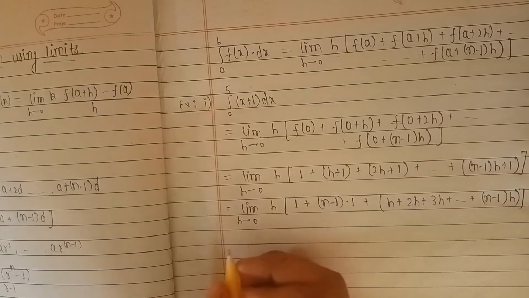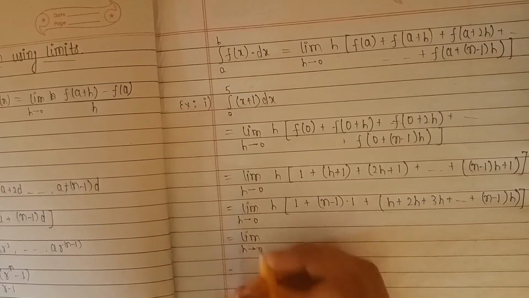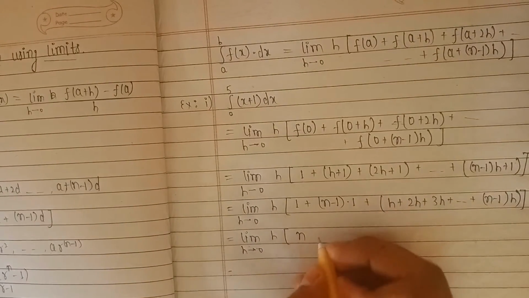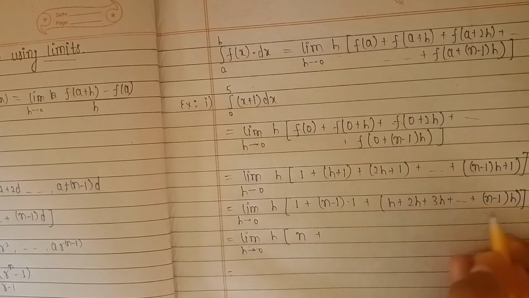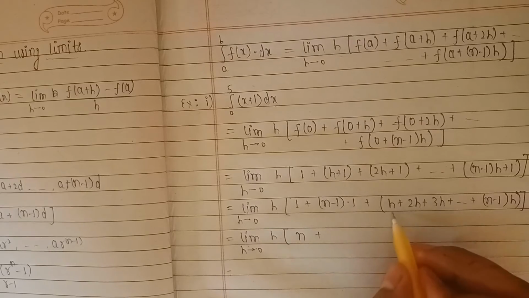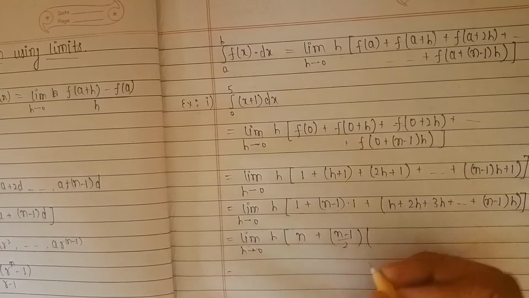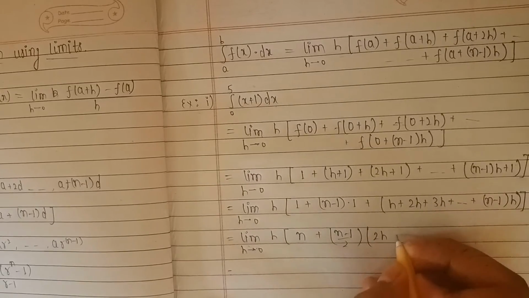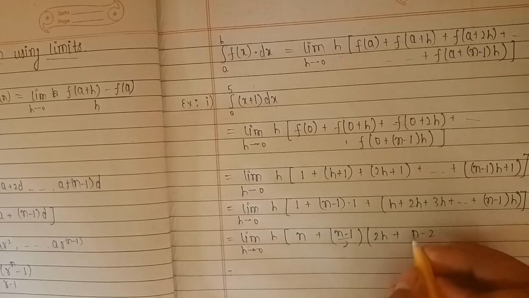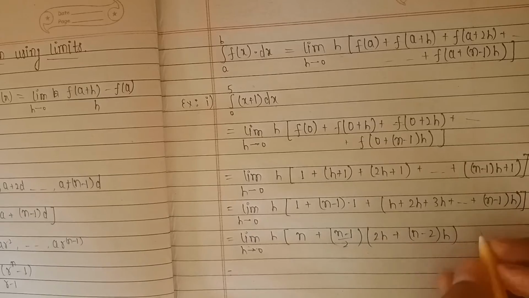So limit h tends towards 0, h times: n minus 1 plus 1 will be n, plus this, see, this is an AP now, and sum of AP is n by 2, where n is the number of terms, but since we have here number of terms equal to n minus 1, we will write n minus 1 by 2, and 2a, a will be h, plus n minus 2 into d, and d is here h.